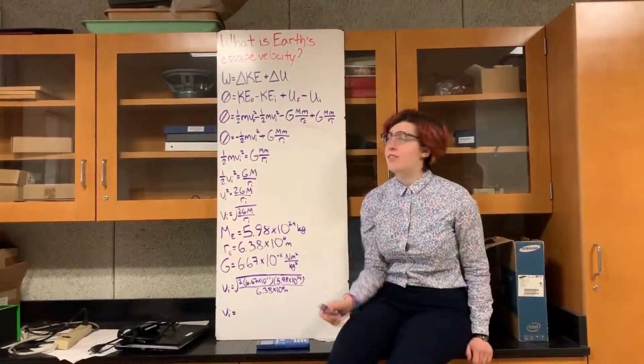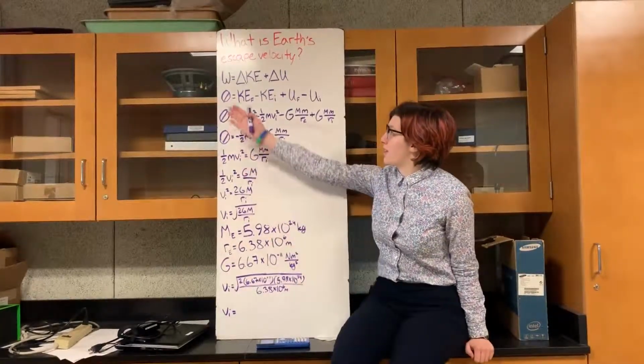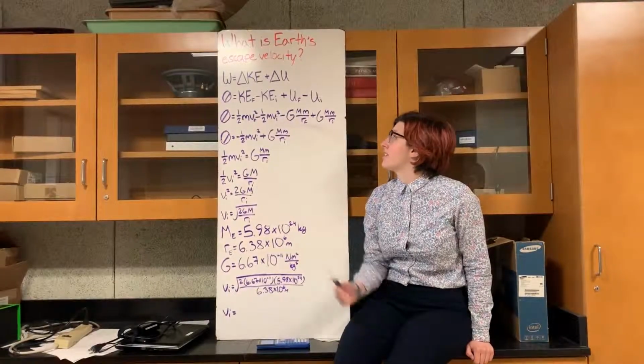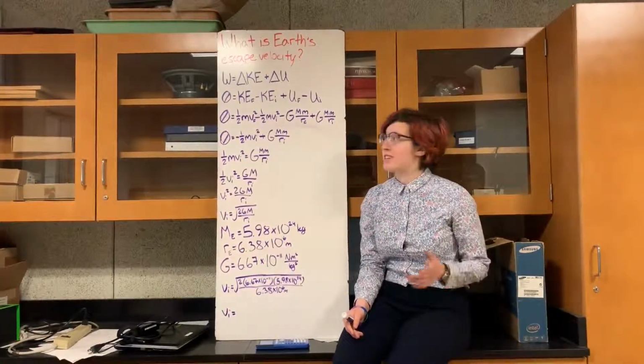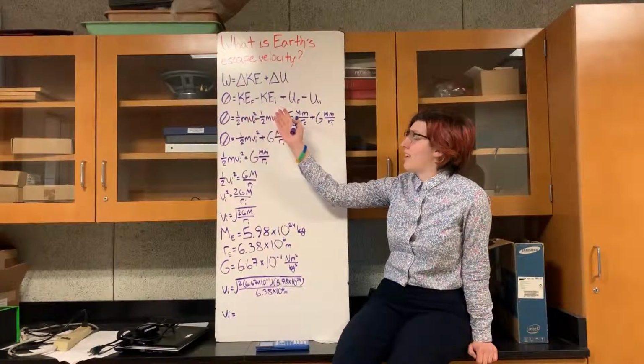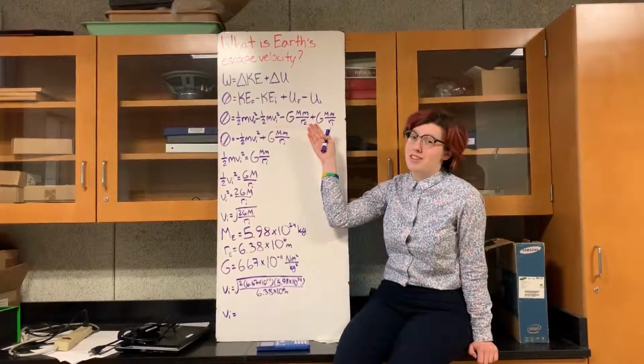There is no work done, so the work done is equal to 0. And the changes can be written as the final minus the initial kinetic energy, and the same for potential energy.